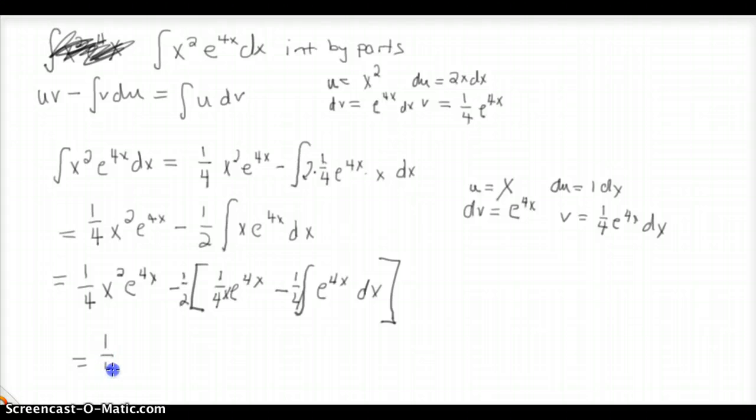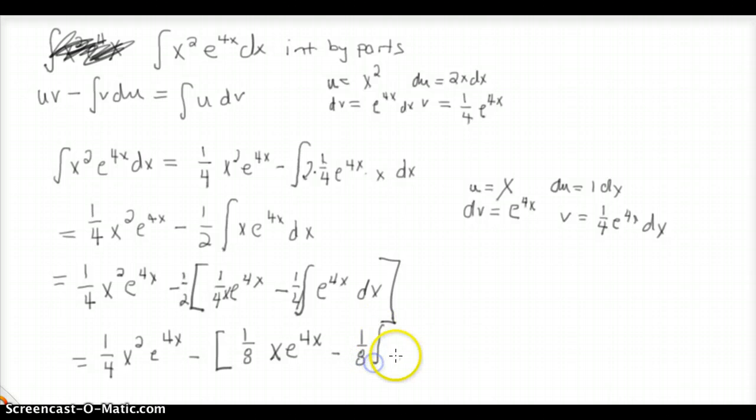And again, we're left with 1/4 x squared e to the 4x minus, let's distribute that 1/2 in, 1/8 x e to the 4x minus 1/8 the antiderivative of e to the 4x dx. Okay, I'm just going to erase a little bit of stuff up here if that's okay.